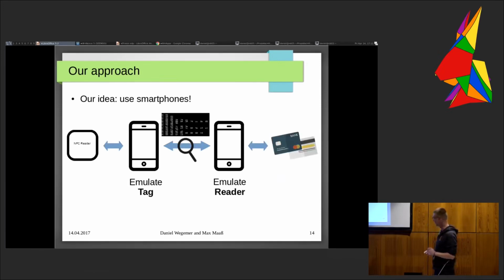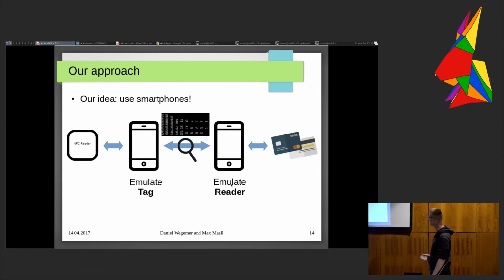Android has this cool mode where you are not only able to read NFC tags, you can also emulate tags. So our plan was to have two smartphones, where one emulates a tag and one emulates the reader.